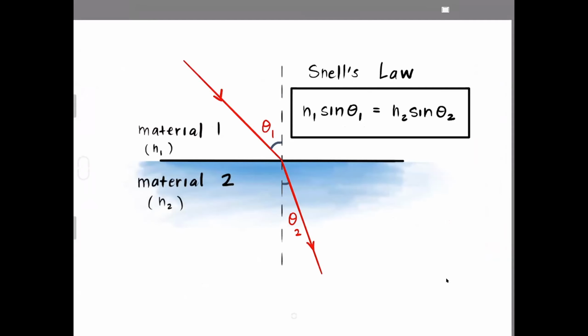It is the formula N1 sine theta 1 equals N2 sine theta 2, where N1 is the index of refraction of the first material, theta 1 is the angle of incidence, N2 is the index of refraction of the second material, and theta 2 is the angle of refraction. When you have 3 or more materials, you could just continue adding equal signs to this. So let's say you have 3 materials, N1 sine theta 1 equals N2 sine theta 2 equals N3 sine theta 3, and you could add more and more, as many as you need.